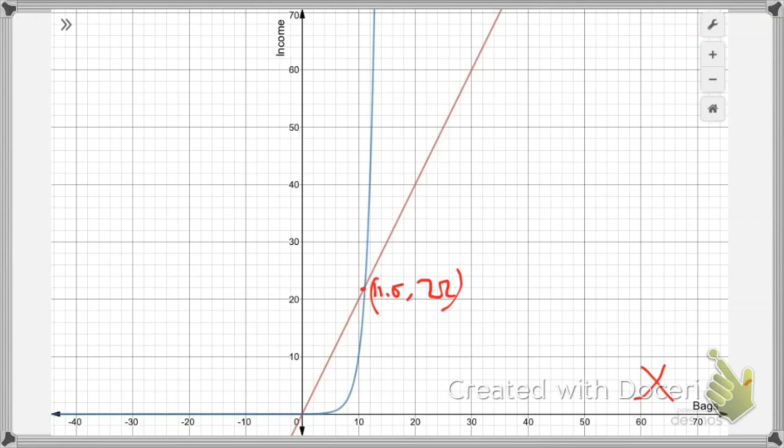So if she fills a full bag, she will get around $22, then around $24 for the linear equation, and she'll get around $40 for the exponential equation, or the method 2 payment.